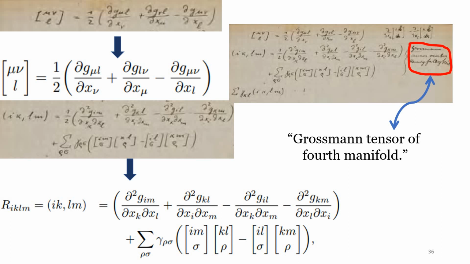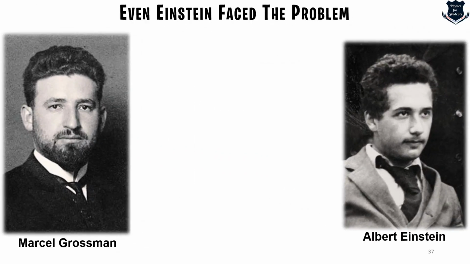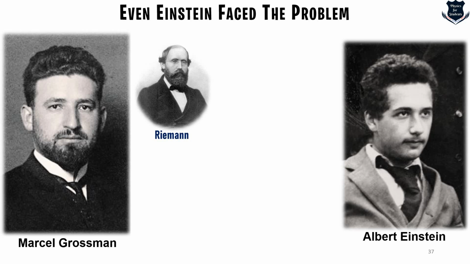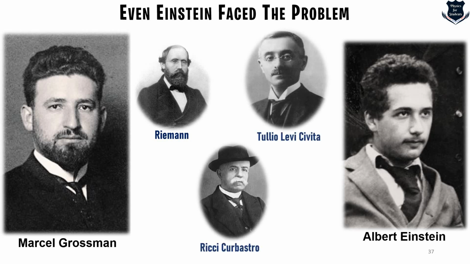This is how the entire fellowship and friendship began, and this is how tensors got into Einstein's ideas. So you see Marcel Grossmann and Albert Einstein, and Grossmann introduced Einstein to the work of Riemann, Levi-Civita and Gregorio Ricci-Curbastro, who developed the mathematical tools needed to describe the curvature of space-time, and Grossmann also helped Einstein understand the physical implications of differential geometry.